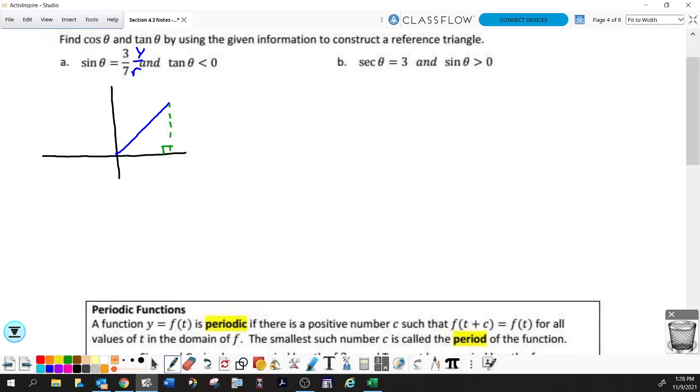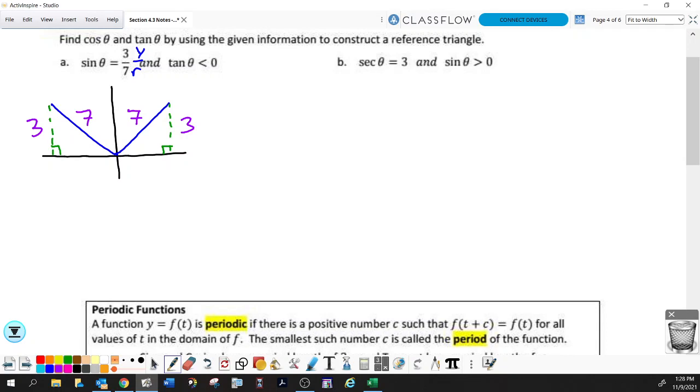Or this one, which would just be a reflection into quadrant 2. Where y is 3 and r is 7. So there we have two different options for this theta.